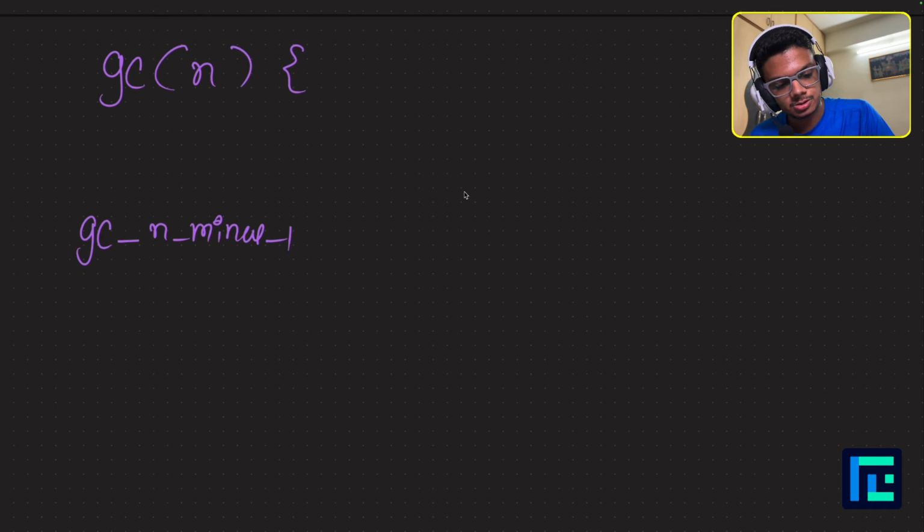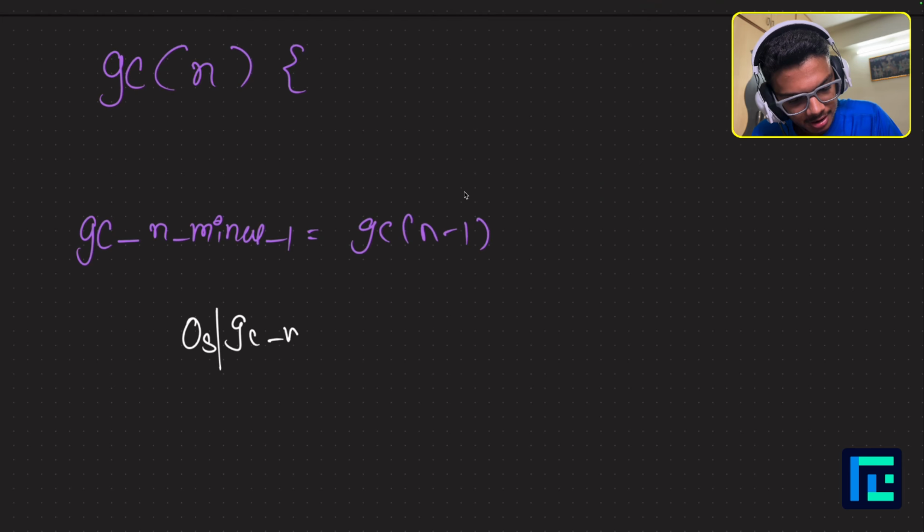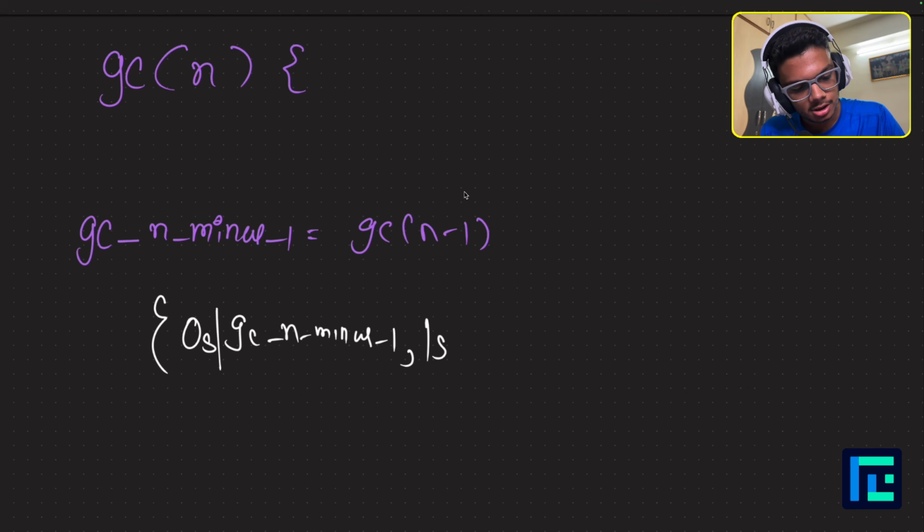So you assume that GC is gonna return all the possible gray codes of size n minus 1 bits, and what you have to do is, you take this GC of n minus 1, you append zeros to it, then you append ones to the reverse of this GC of n minus 1, right? And this you can return.